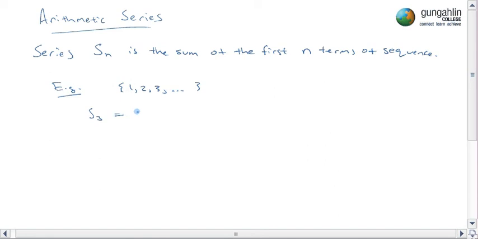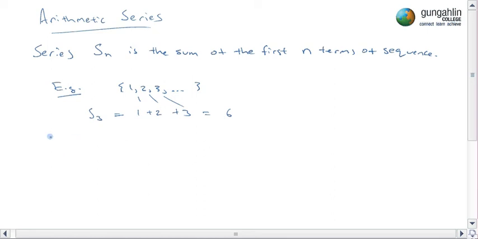That would just be the first term 1 plus the second term plus the third, so 1 plus 2 plus 3. All I'm doing is adding this number plus this number plus this number. 1 plus 2 plus 3 is equal to 6. So really that's a pretty simple idea, okay?